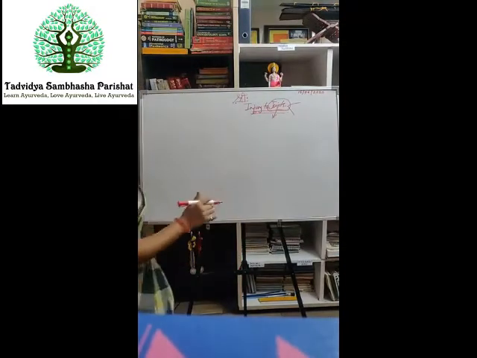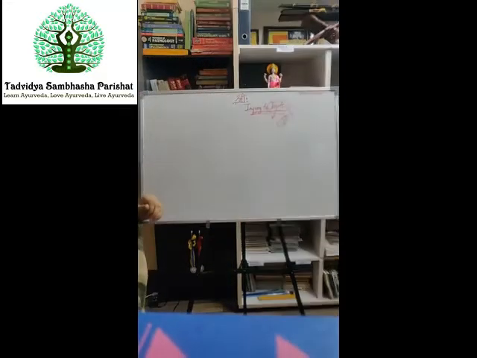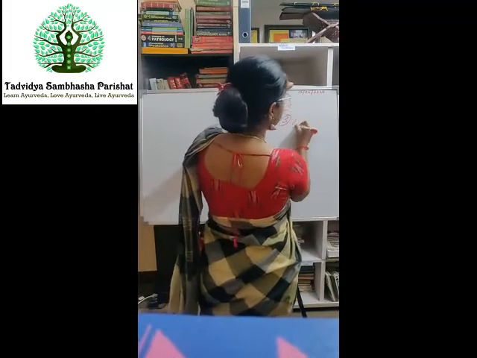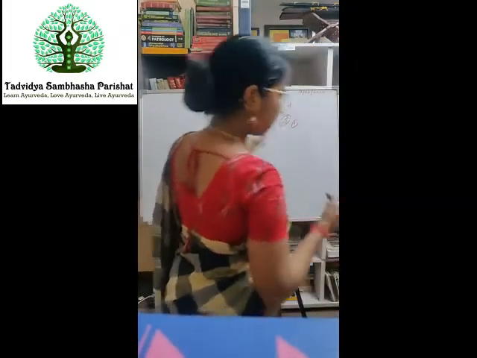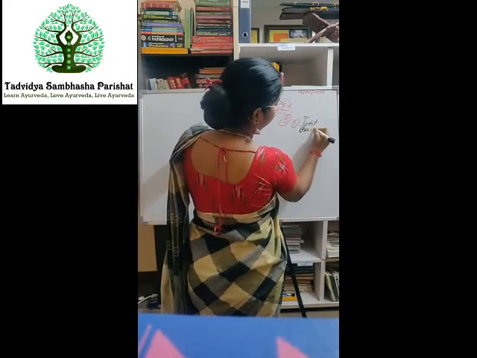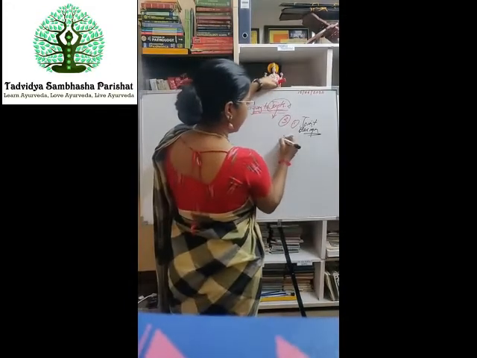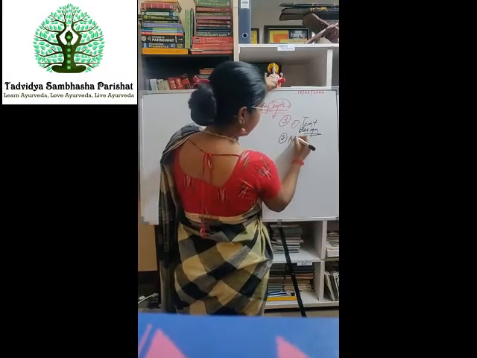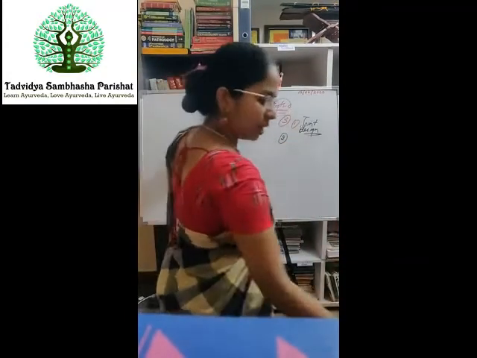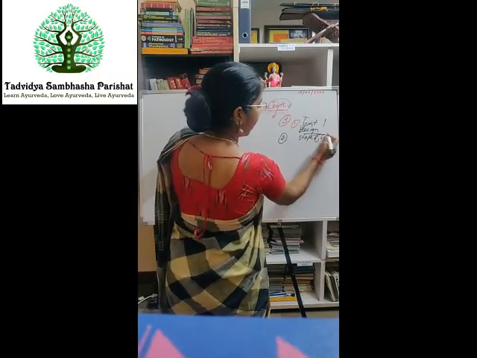In that, we have three main entities that contribute to the joint stability or to the integrity of the joint. So what are they? First is the joint design, we could call it, or the structure of the joint, or you can call it the shape of the joint.